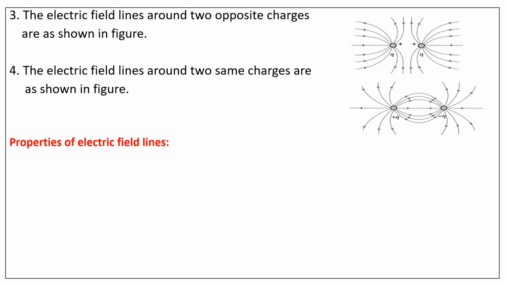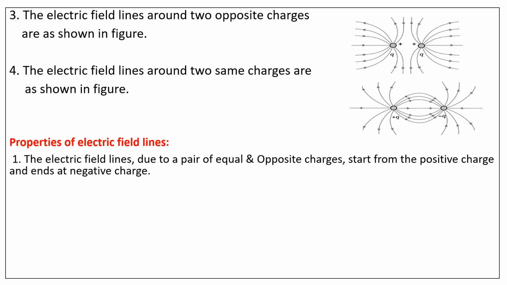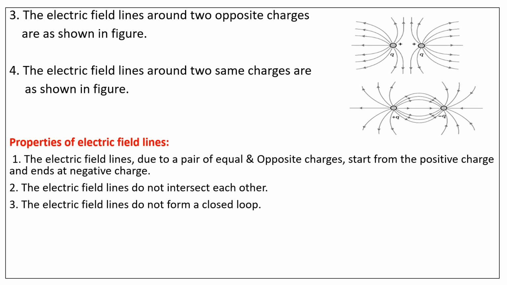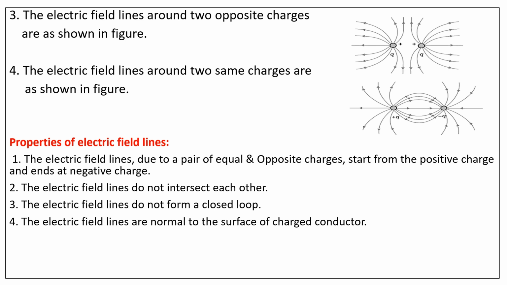Properties of electric field lines. 1. The electric field lines due to a pair of equal and opposite charges start from the positive charge and end at the negative charge. 2. The electric field lines do not intersect each other. 3. The electric field lines do not form a closed loop. 4.